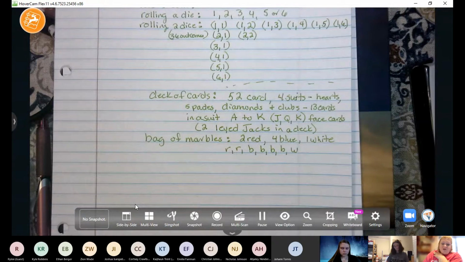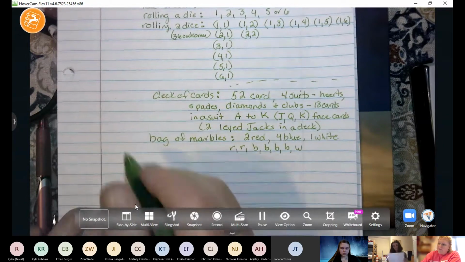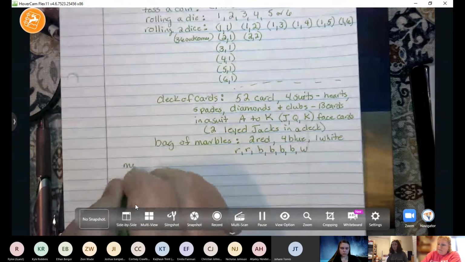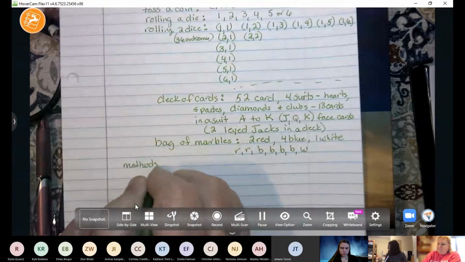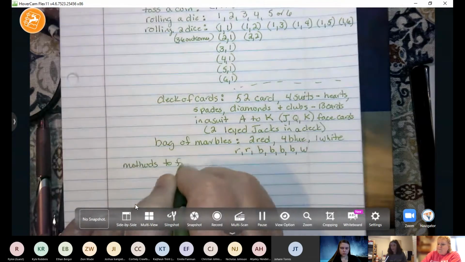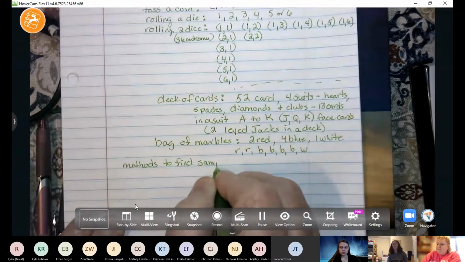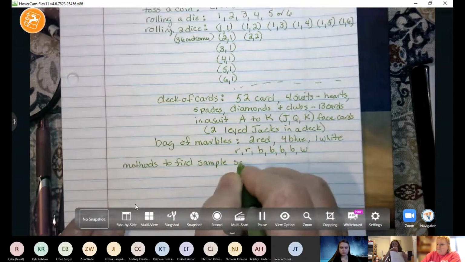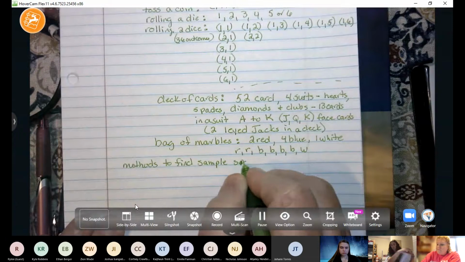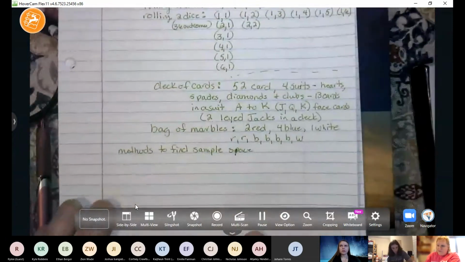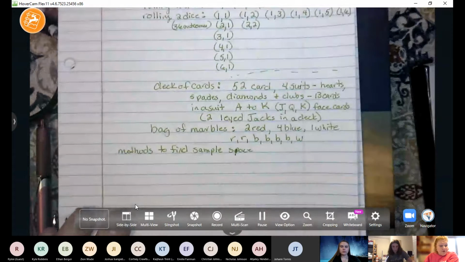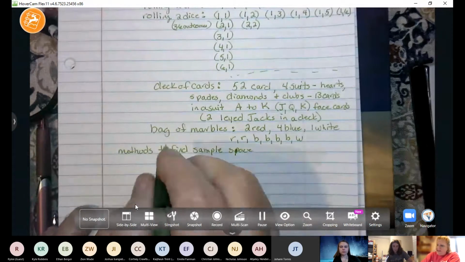Now, the next question is, what are ways to find sample space? If you are not familiar with sample space, how do you determine what the sample space is?